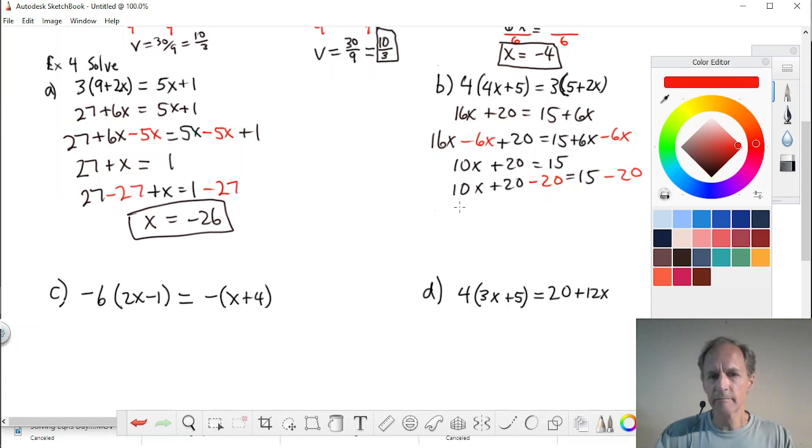On the left, just leaves 10x. Because 20 minus 20 is 0. On the right, though, we have 15 minus 20, okay? 20 is bigger, so this is like 15 plus negative 20, right? And the bigger one in magnitude, that is the negative one. So the answer is negative 5. Divide both sides by 10.